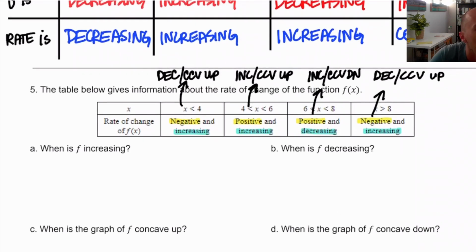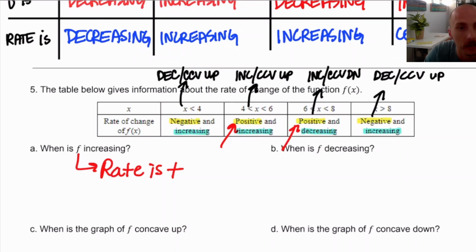Okay. Now, when is f increasing? Well, to translate this backwards into rate of change, increasing is where rate is positive. So that would be here and there. So from 4 to 6 and 6 to 8, we could say from 4 to 8. That would be fine.